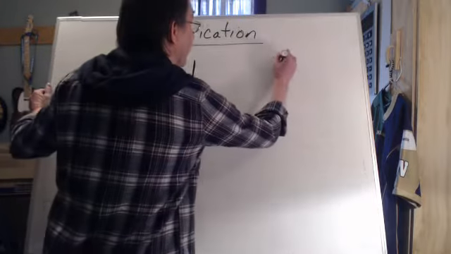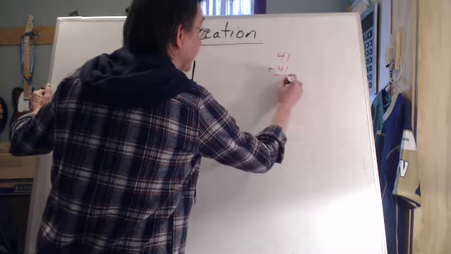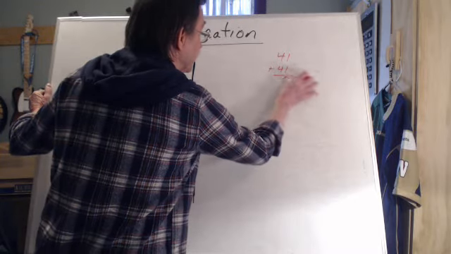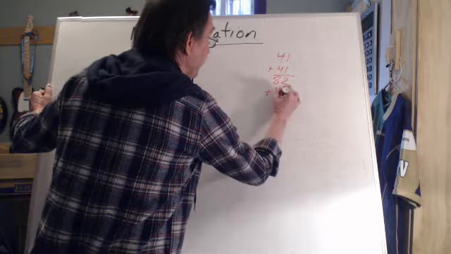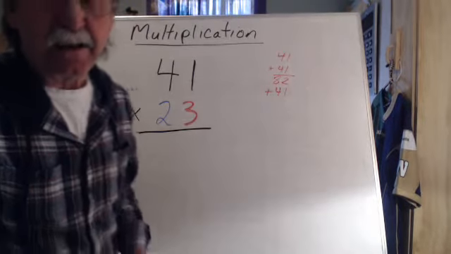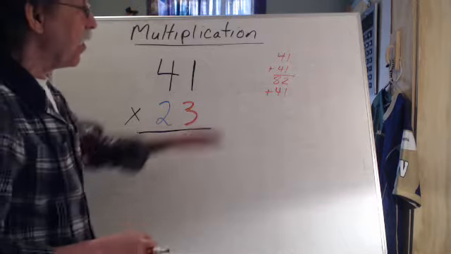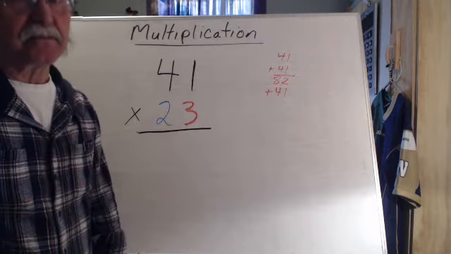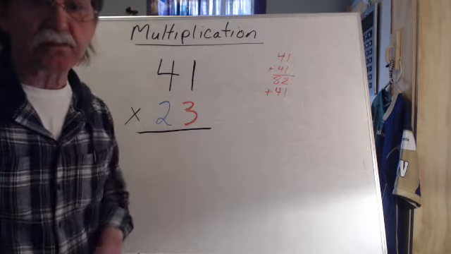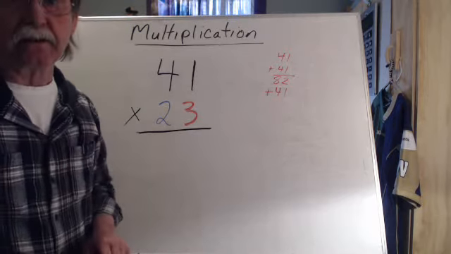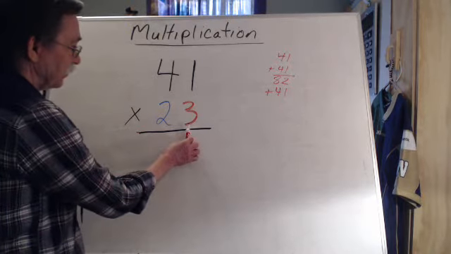Watch. 41 plus 41 equals 82. Oh, sorry. 82 plus another 41. Have you guys done that? Well, if so, there's an awful lot of calculations you're going to have to do. In a case like this, once you learn multiplication, you don't have to go back there. Okay, so let me show you what to do.